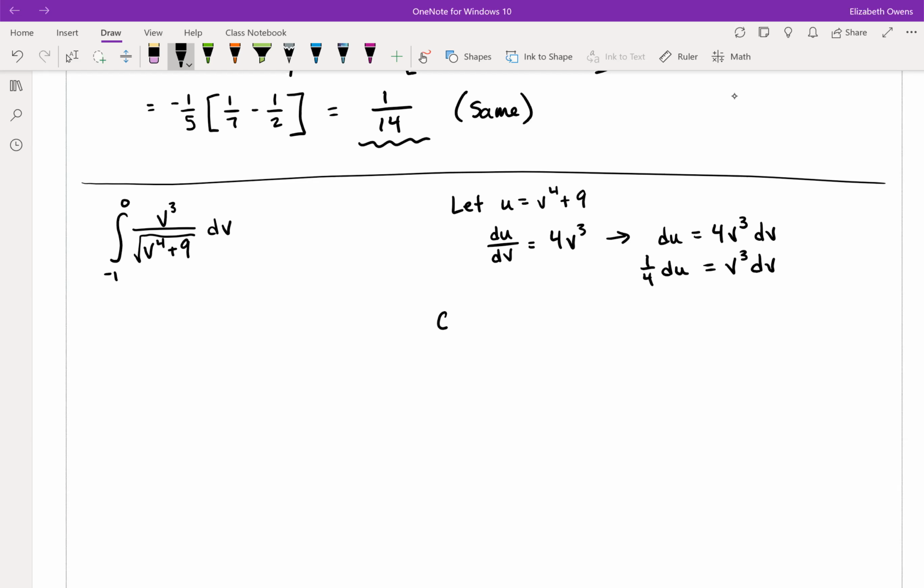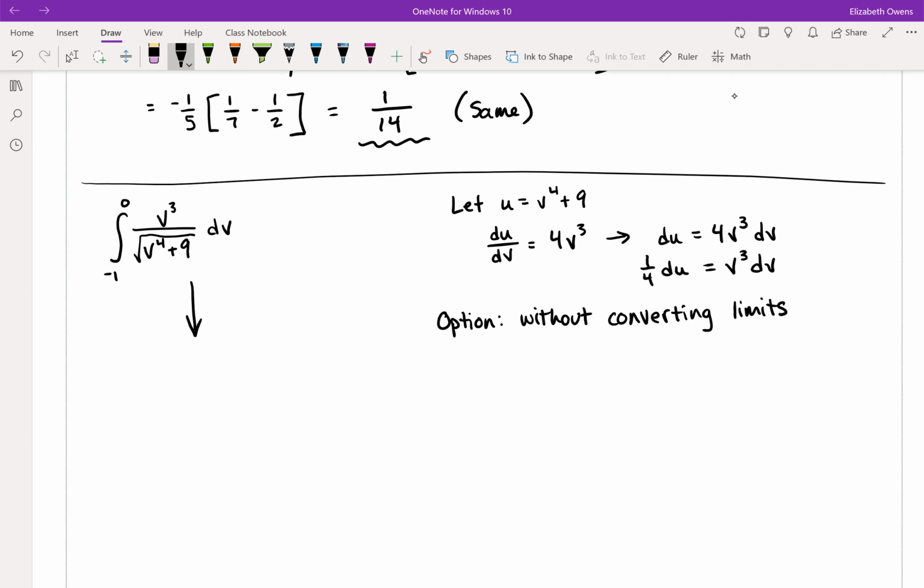Okay. And then the option we're choosing here is to not convert our limits. We're going to do it without converting limits. There we go.